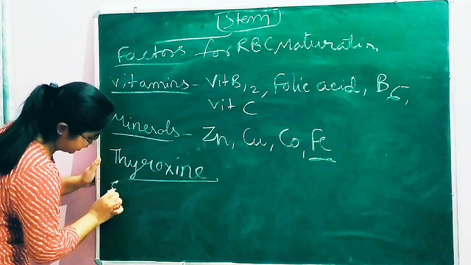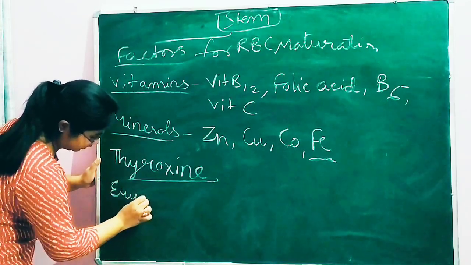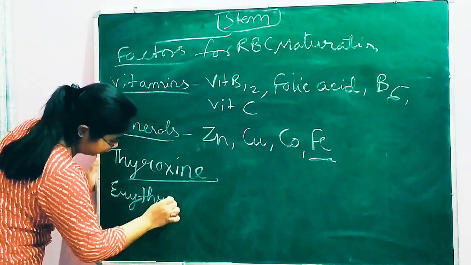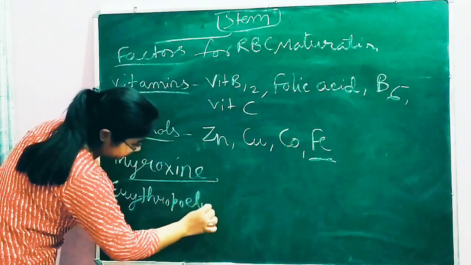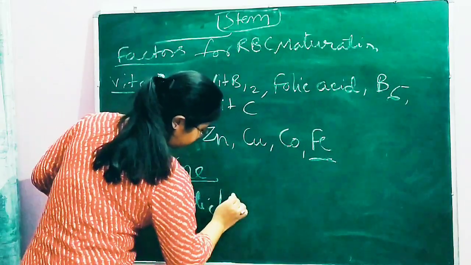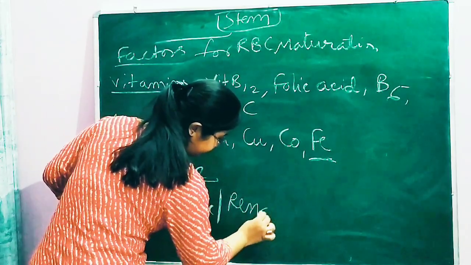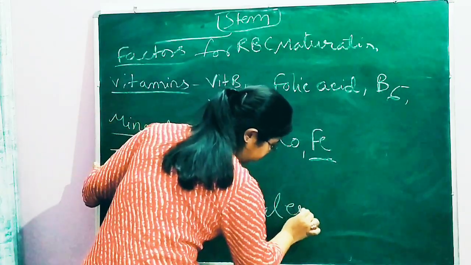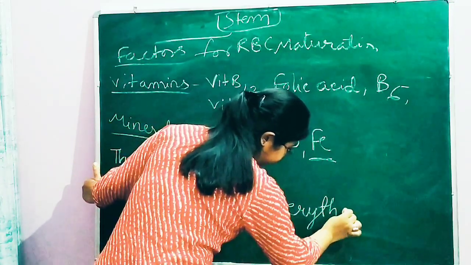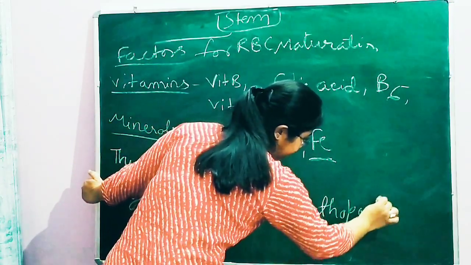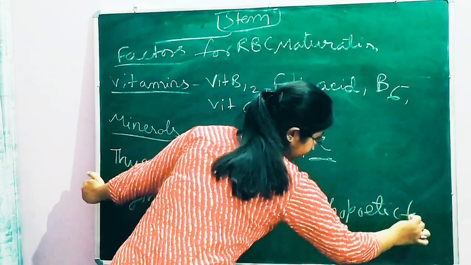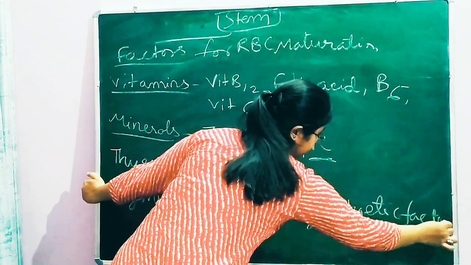And next is erythropoietin, also known as renal erythropoietic factor, which is also required for the maturation of RBC.